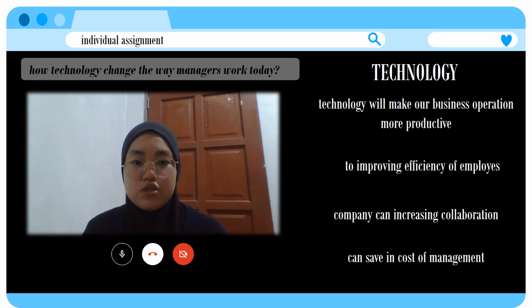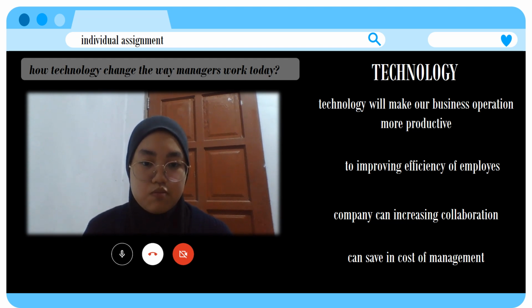Second, technology improves the efficiency of employees. For example, employees' tasks can be completed more quickly and systematically with technology now compared to before. Before, the technology was very poor so they worked manually.